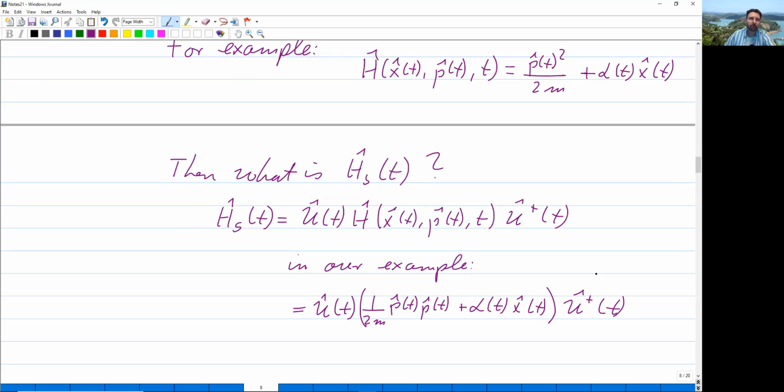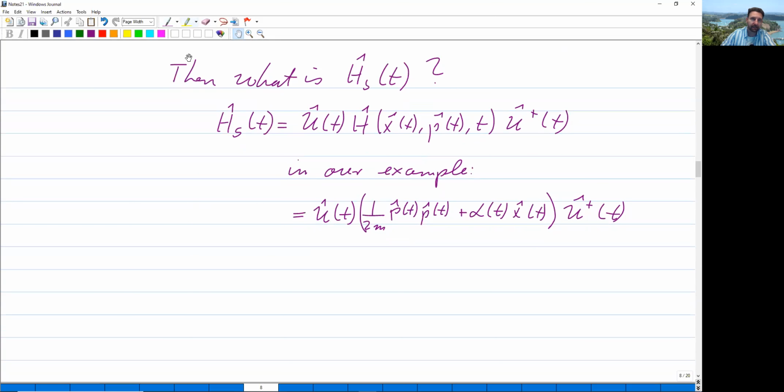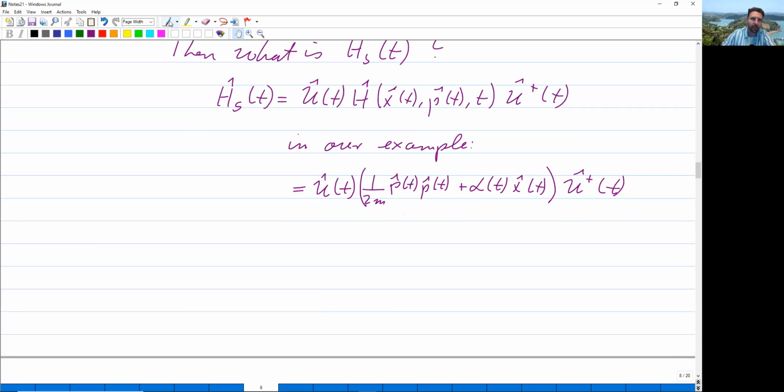This is the Schrödinger Hamiltonian. We still seem to be dragging around those pesky time evolution operators that we don't want to be bothered calculating. But let's see what happens next.